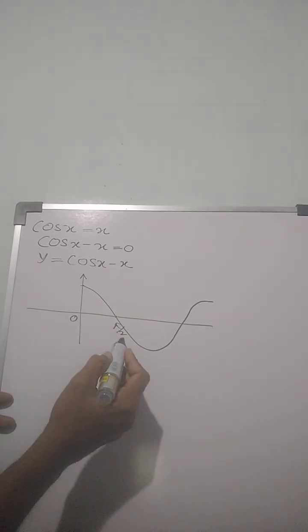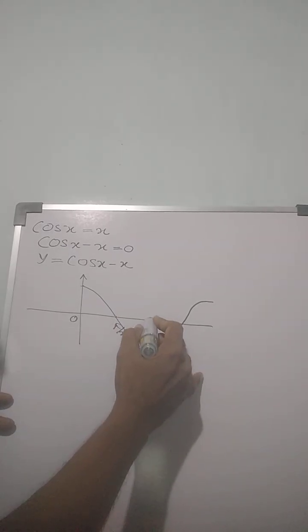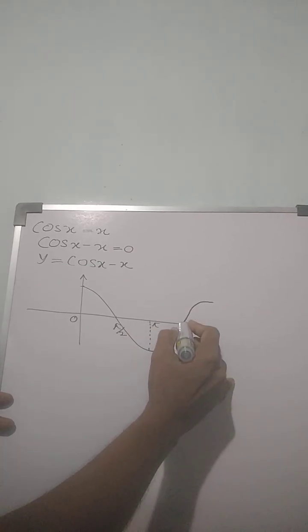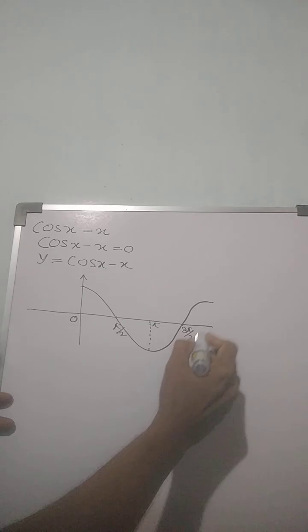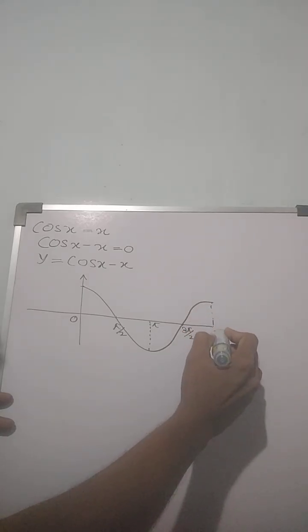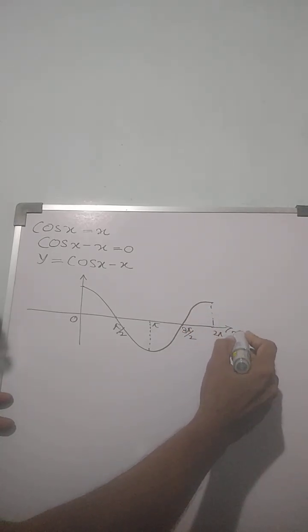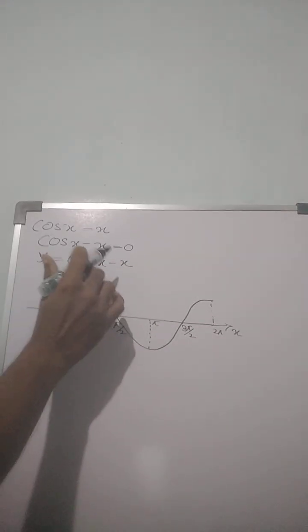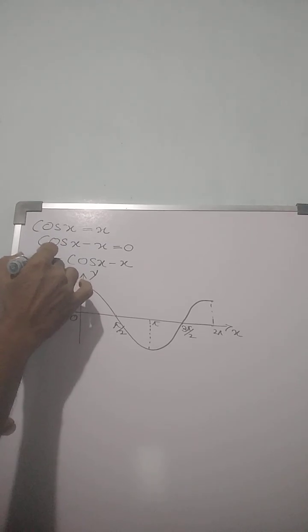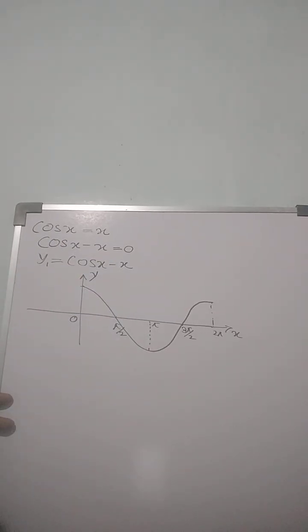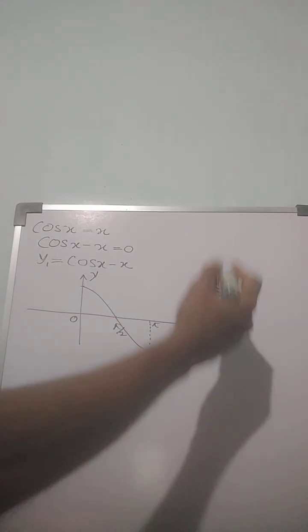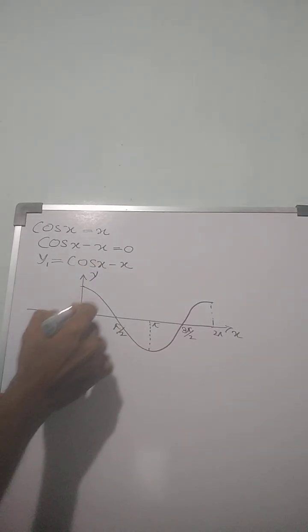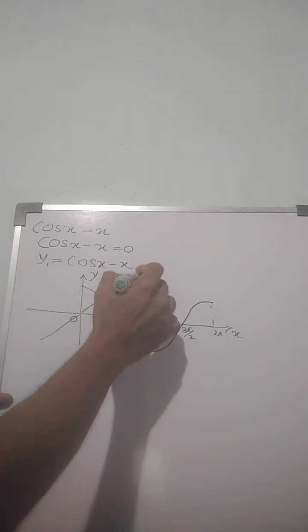I am writing angles in radians. This is pi, this is 3 pi over 2, and this is 2 pi, and this is y. We have y equals cos x, and y equals x.